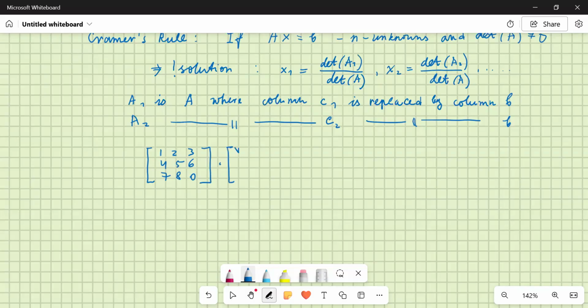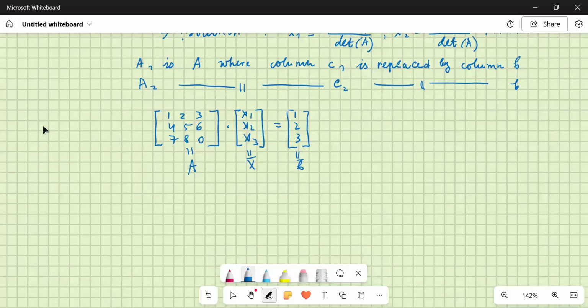And we have x1, x2, x3, and the B column is 1, 2, 3. So this is my A, then my X, and this is my B, right? I'm not going to actually solve it, but I'm going to show you how to form matrices A1, A2.